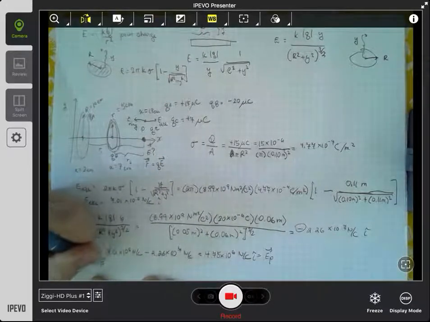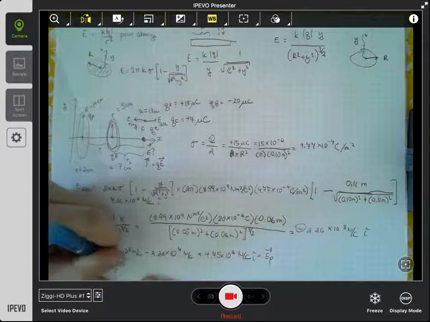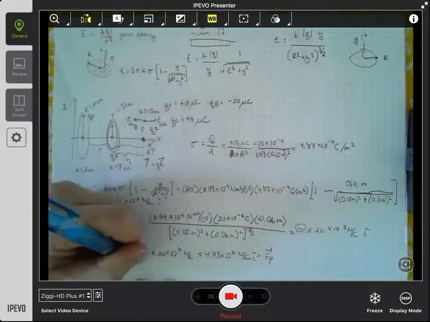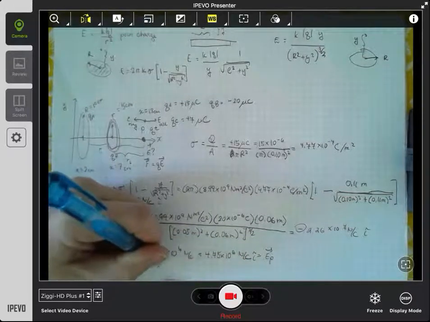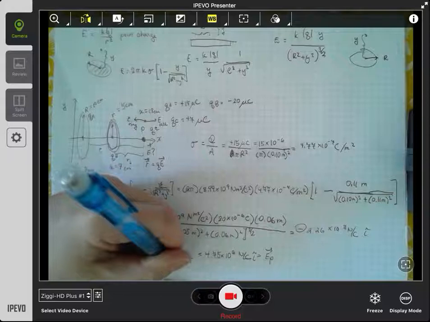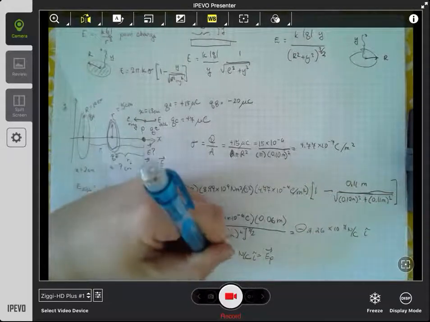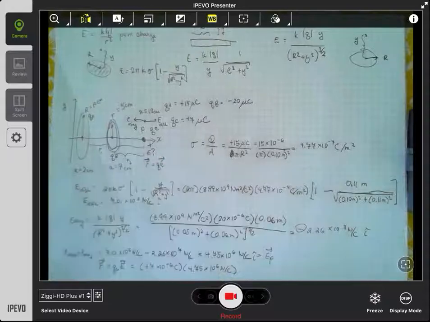And then the force is simply Q_C, whatever charge is located at C, if any, times the field. All right, so we said Q_C was positive 7 times 10 to the -6 coulombs. Our field is 4.75 times 10 to the 6 newtons per coulomb.